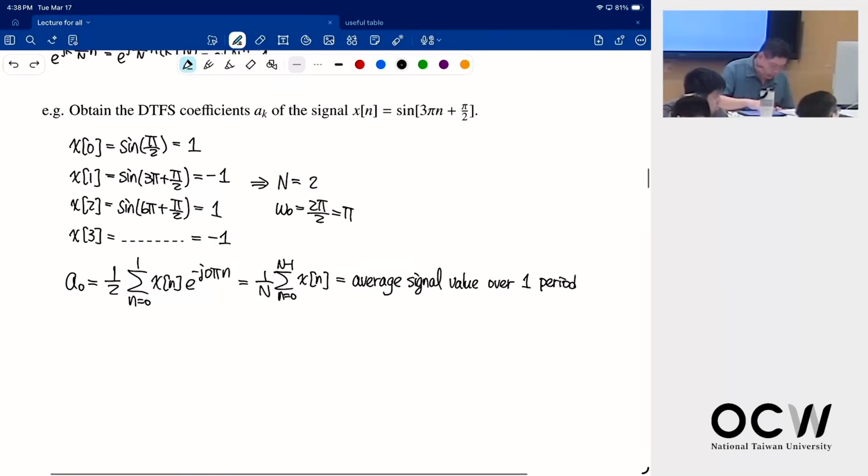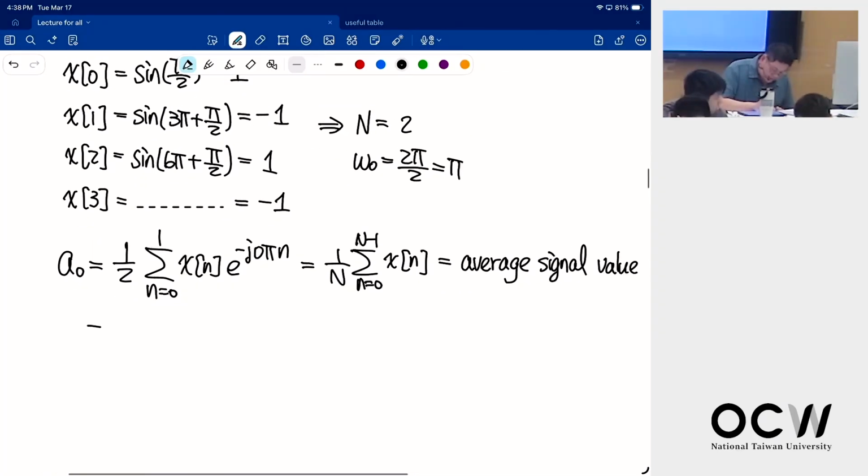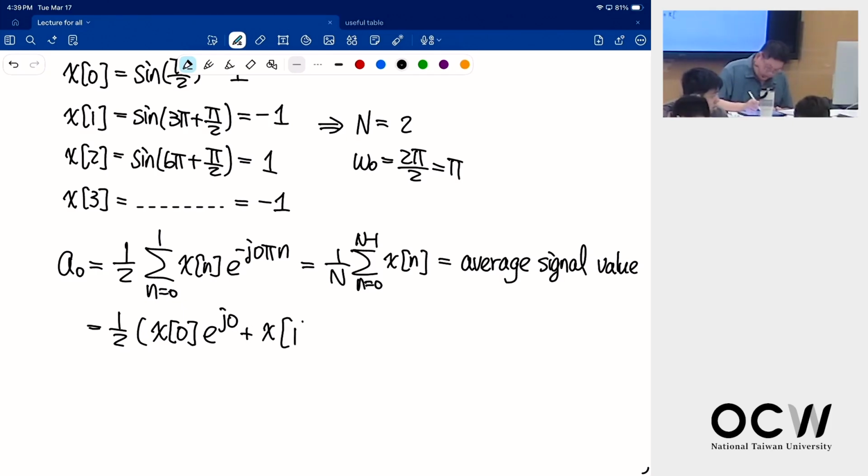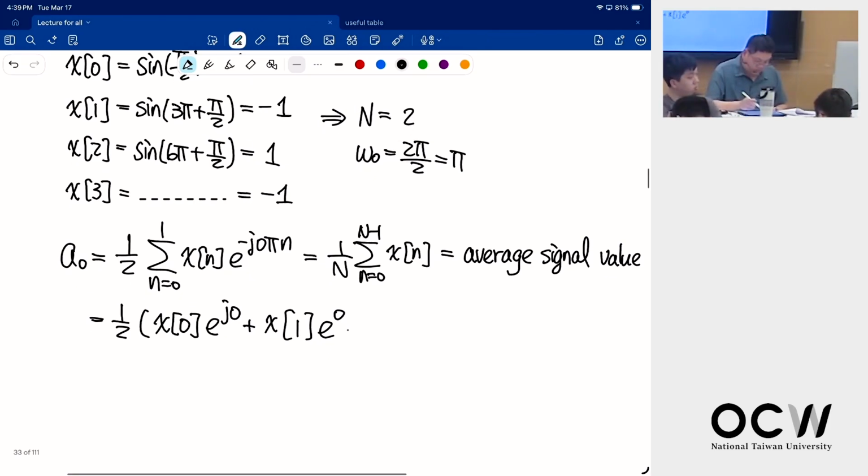So this is 1/2 times x of 0 e to the j 0 plus x of 1 e to the 0. That's 0.